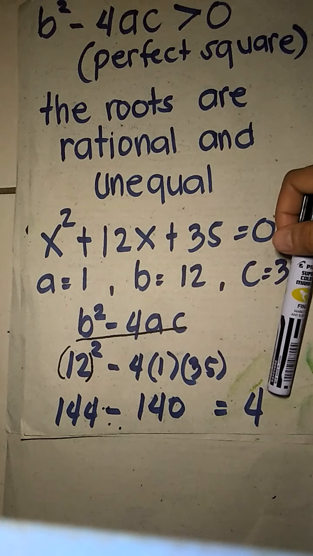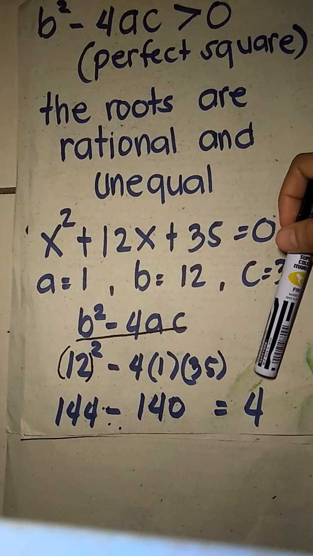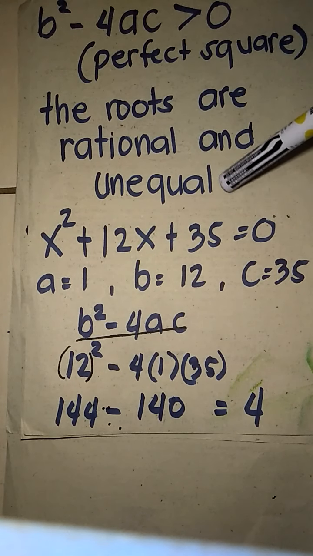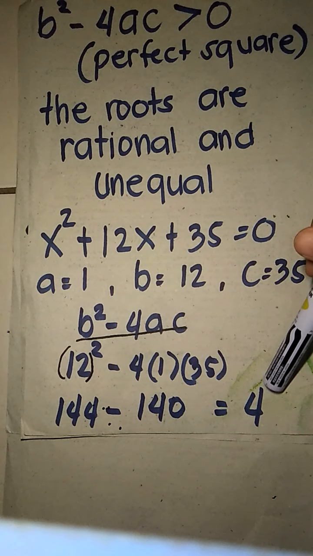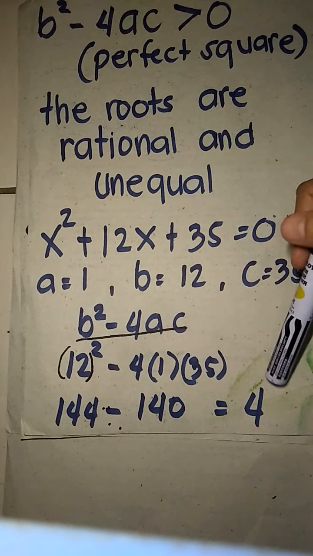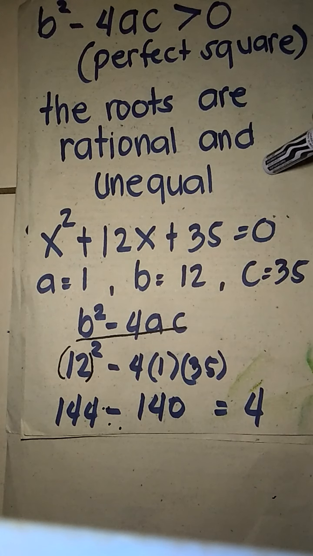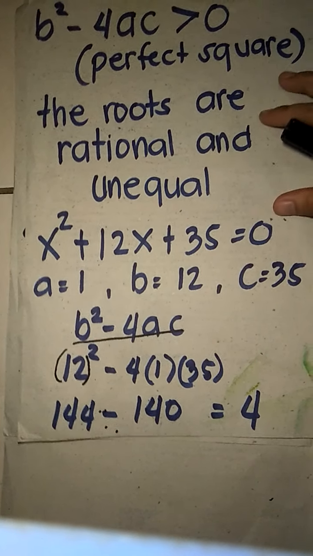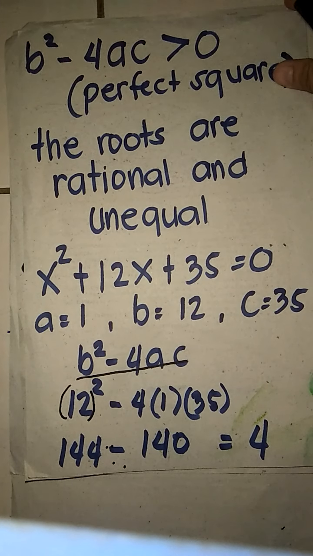So that's why the roots are rational and unequal. Okay, this is also a perfect square. 4 is a perfect square. So the roots are rational and unequal. Okay?